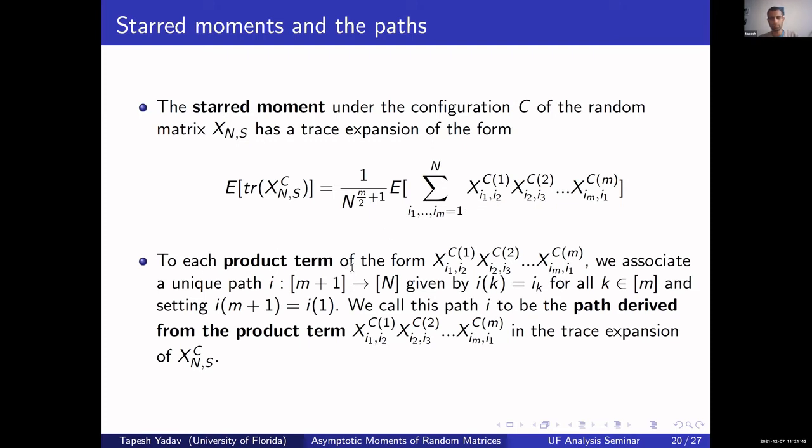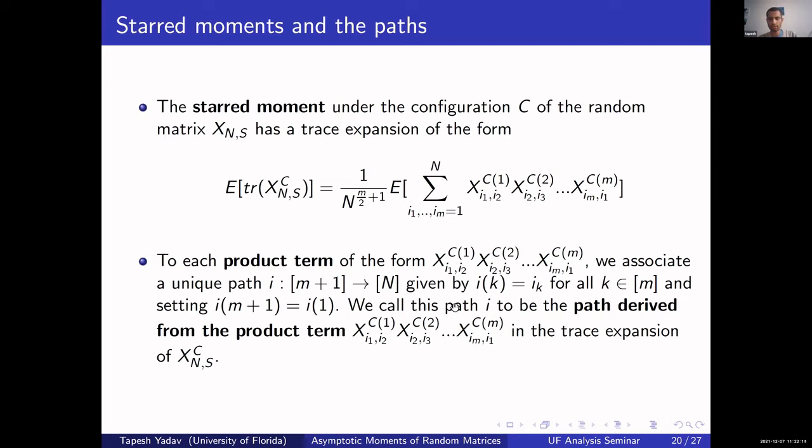So to each product term of the form x_{i1 i2} ... x_{im i1}, we associate a unique path I from m plus 1 to n, given by I at the kth place being just the I sub k value from the subscripts of x here. And we set i_{m+1} equals i1 so that we have the same endpoints.